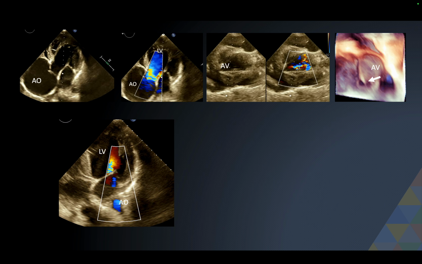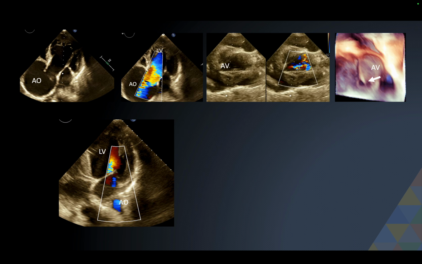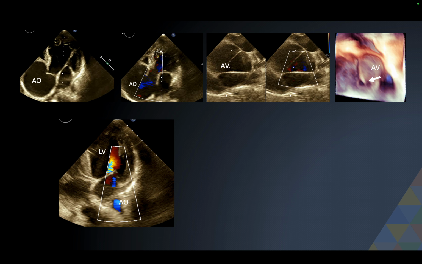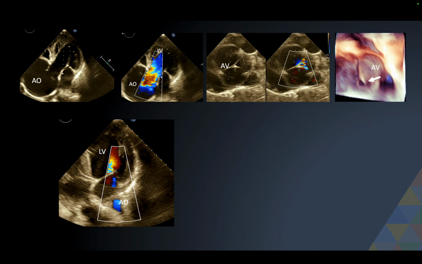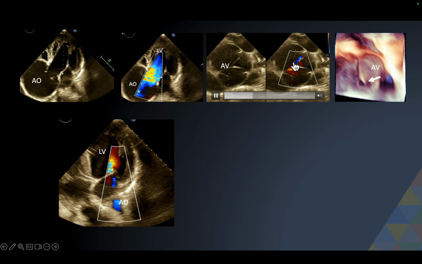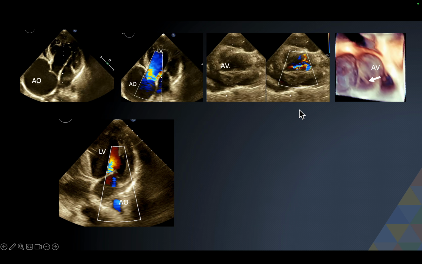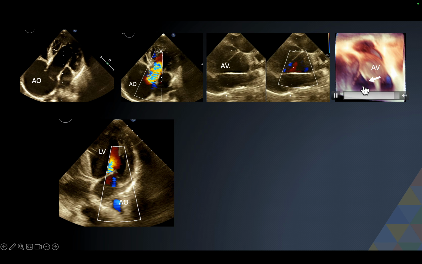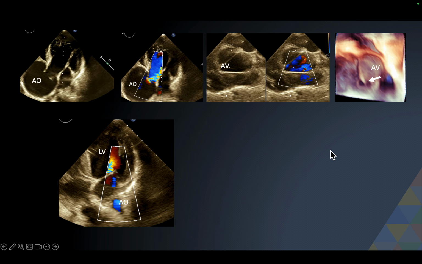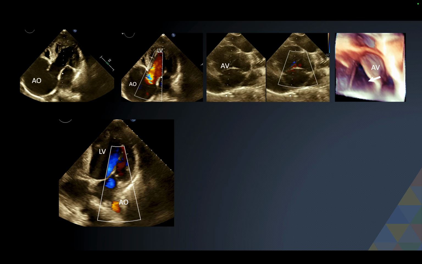You can see that the aortic root is markedly dilated, and you see very severe aortic regurgitation, and that's happening because the aortic annulus is dilated, and you can actually see a non-coapting valve, and you can see it on 3D. There is a hole left. The valve has not been able to coapt well because of the dilated aortic root.